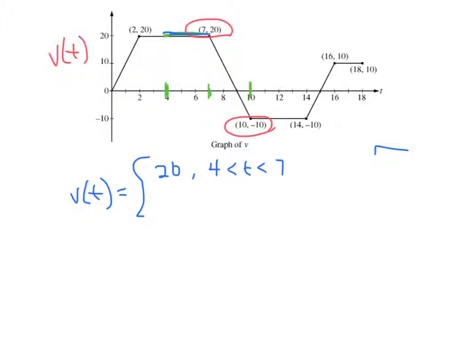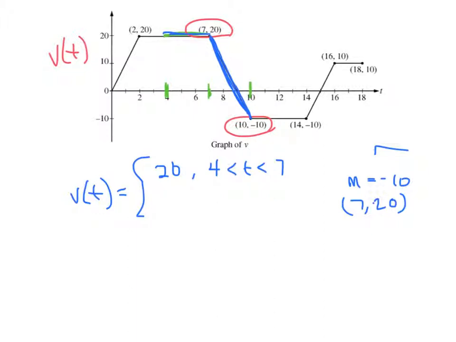Now I have this other line from 7 to 10. What is the equation of that line? For that line, I need two things: a point and a slope. I already found my slope is negative 10. You can use either of those 2 points, or the point in the middle, like (8, 10). I'll just use (7, 20). That is a point on the line, so I'm going to use that point and that slope.